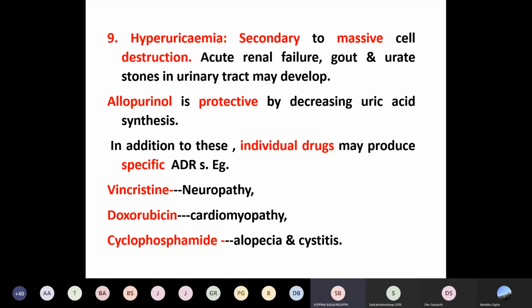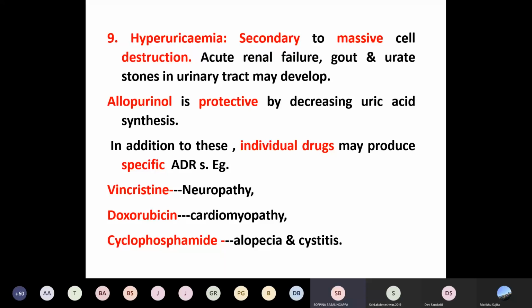So this hyperuricemia is secondary to massive cell destruction. What is the end result of this hyperuricemia? Acute renal failure, gout, and urate stones. Uric acid crystals may be deposited in the urinary tract. These are all the consequences of hyperuricemia.